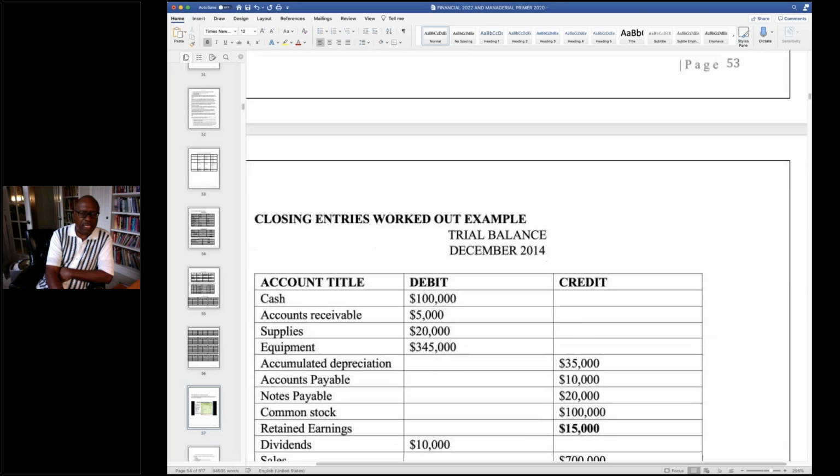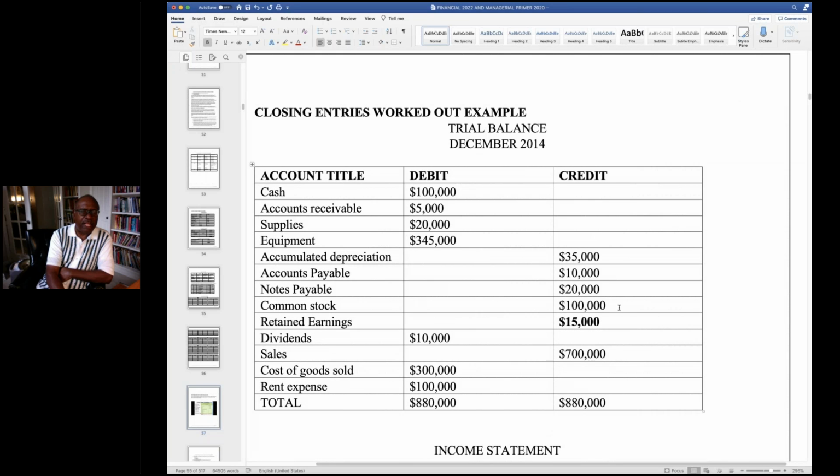So let's go back and look at our problem where we had this trial balance. And what we said was, everything from retained earnings up is a permanent account. Okay. It goes on the balance sheet. We still have it. Everything below retained earnings is a temporary account.